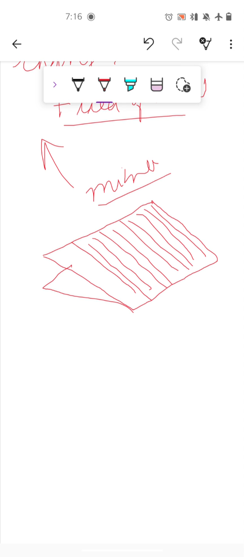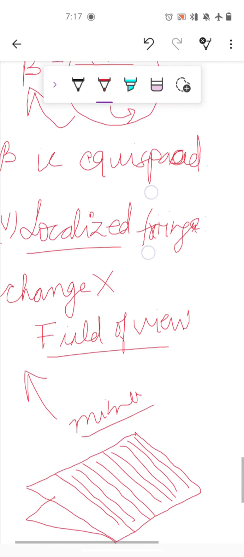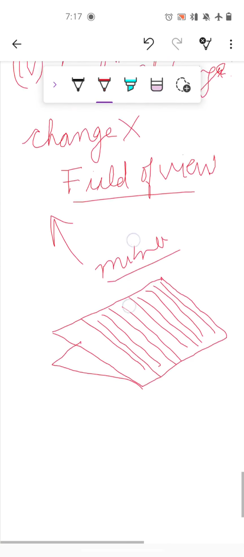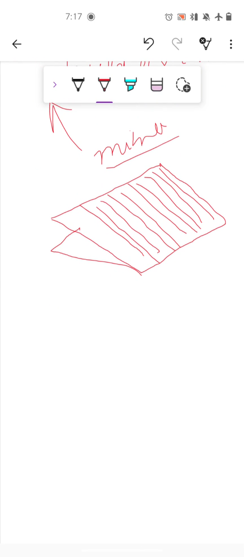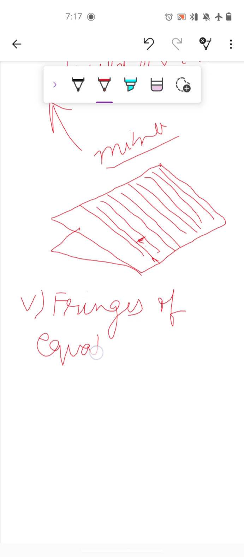Next, fringes of equal thickness. We discussed earlier that fringes will be of equal thickness at every point. If beta is the same, if the distance between two fringes is the same, then their thickness also remains the same. So the fifth point is fringes of equal thickness.